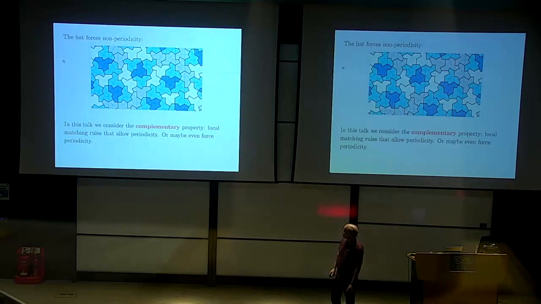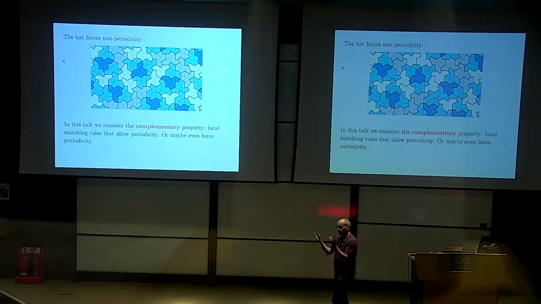All right, so we all know what we have here. We have a single tile that forces non-periodicity. And in this talk, we all love aperiodicity, it's a great concept, but I will look at the complementary property of tiles that allow periodicity or even force periodicity.